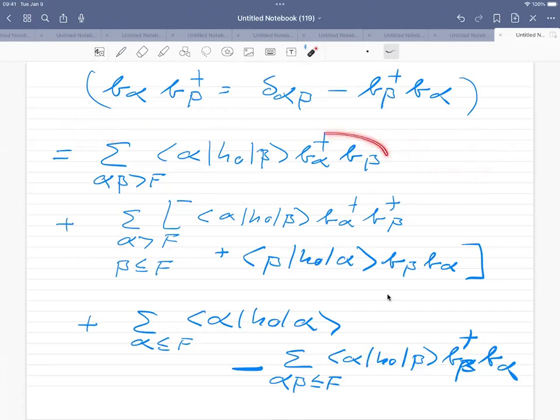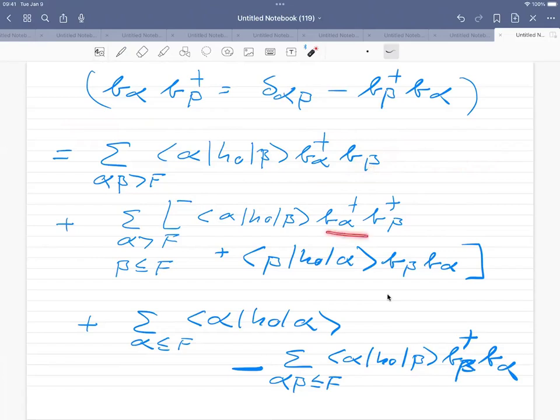Now, this is normal ordered. So these are states above and below the Fermi level, which means that since this is normal ordered, when we calculate the expectation value, this is going to give us 0. This is just like as we had before, because this state beta is not included in the vacuum state. So what I end up doing then is to act on the vacuum state, the new vacuum state, with an operator which now simply says that I'm going to create a particle, or destroy one, which doesn't exist in the vacuum state. And that gives us 0.